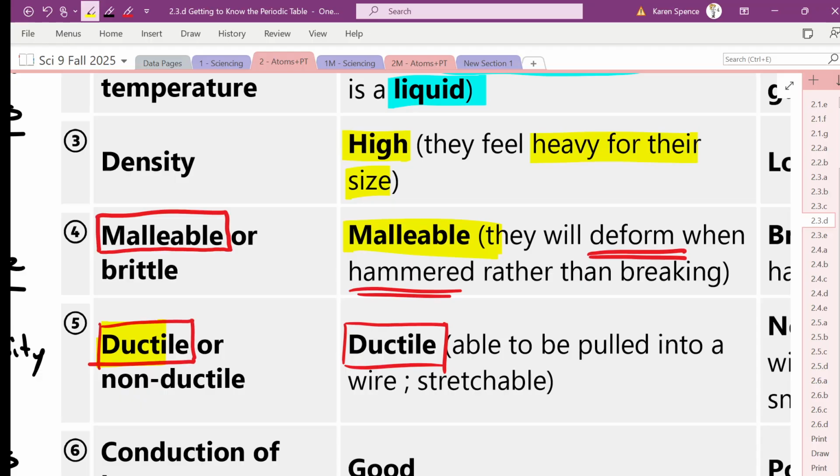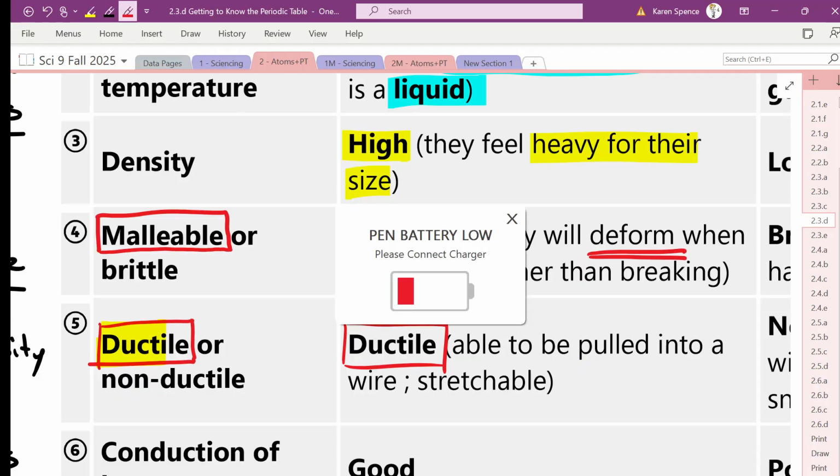It's stretchy like a duck, which makes absolutely no sense. But it was so absurd that he remembered it. So if you can imagine a rubber duck and you're stretching it. I don't know. At any rate, you do need to know that word. It is a vocab word. So ductile means able to be pulled into a wire.